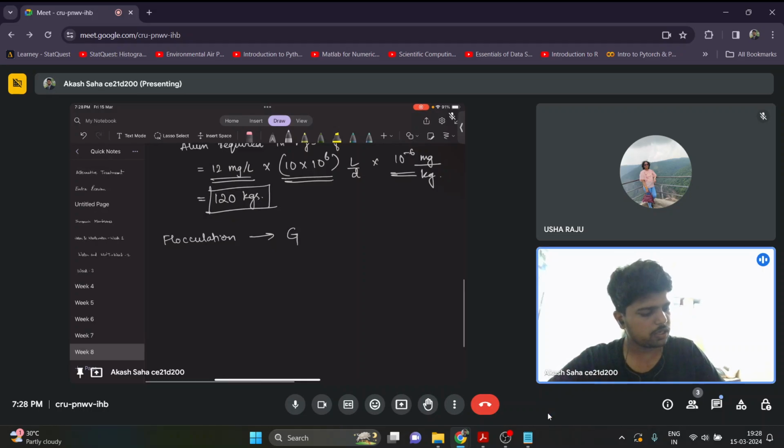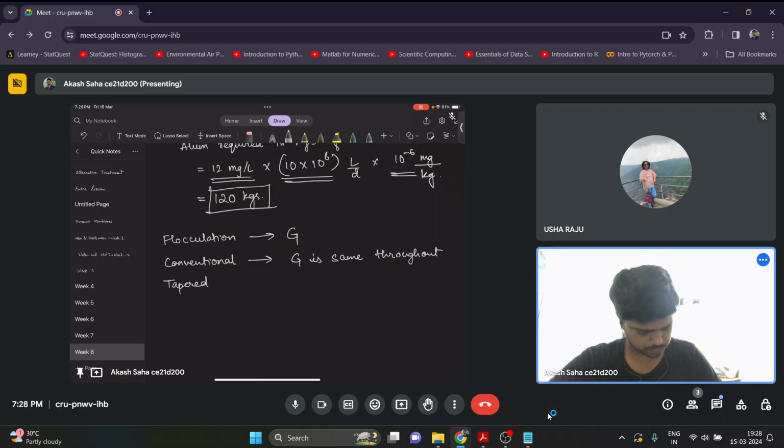In conventional, the G is same throughout, whereas in tapered, first we will have large G and then it will go to a smaller G value.